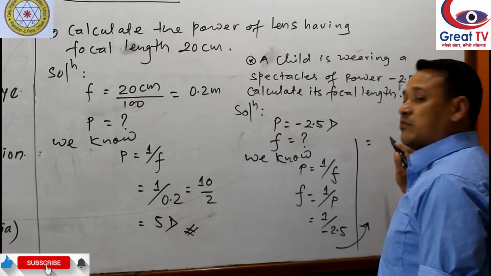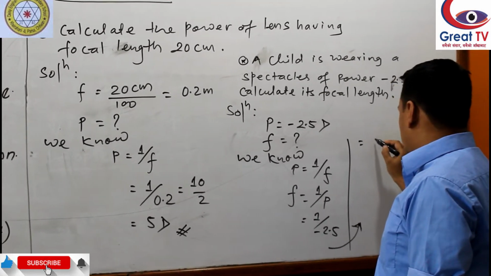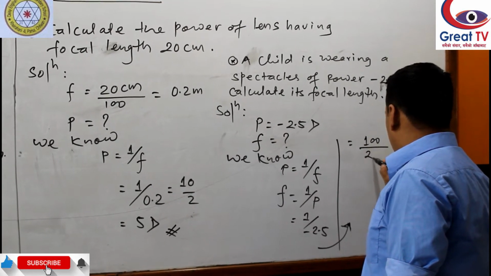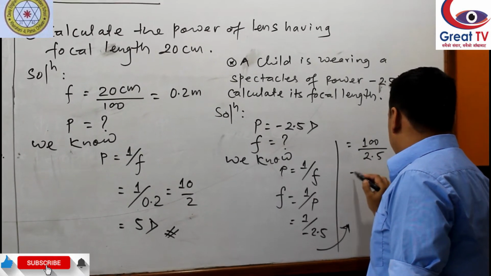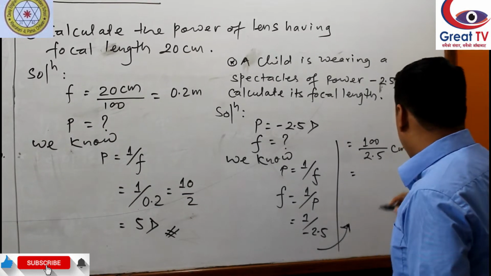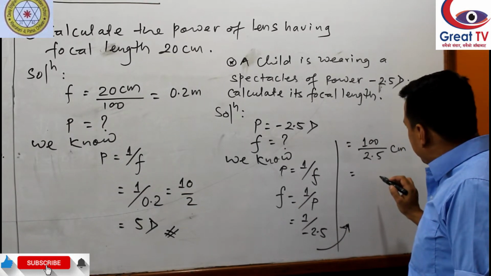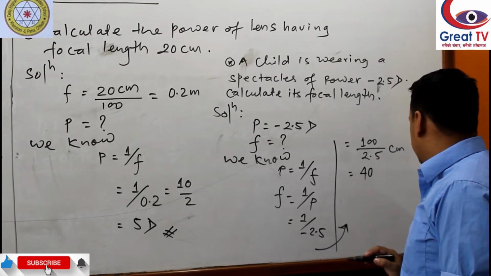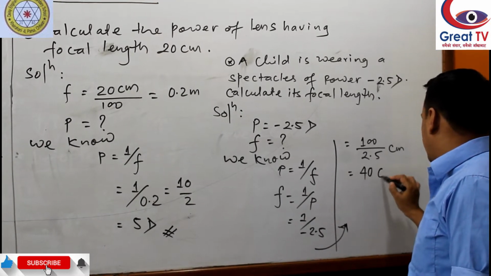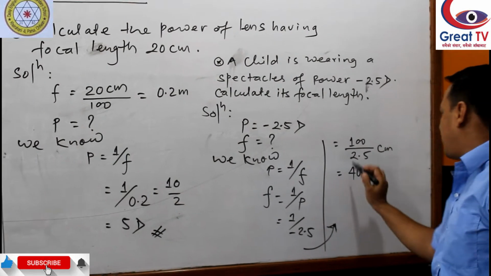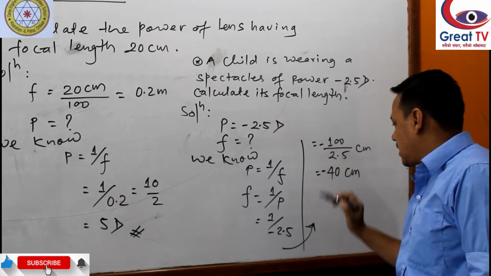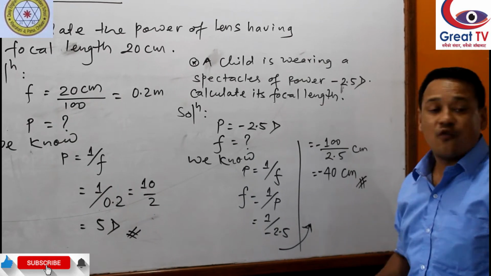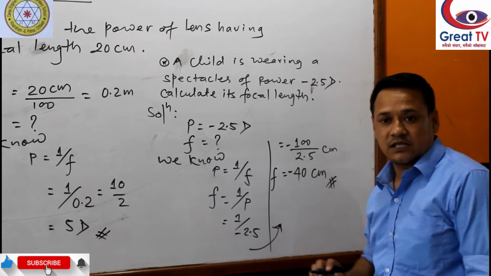You can change it to centimeter also, so 100 centimeter by 2.5, which is 40 centimeter. Don't forget minus: minus 40 centimeter is the focal length of the lens.